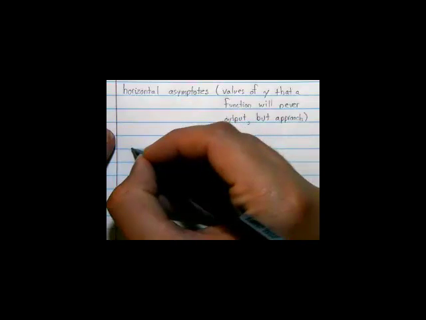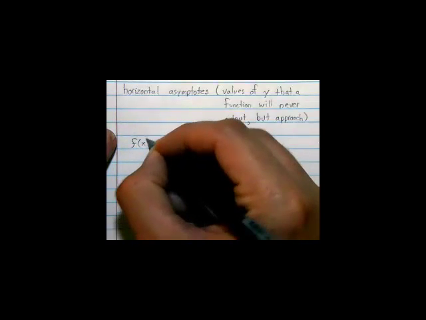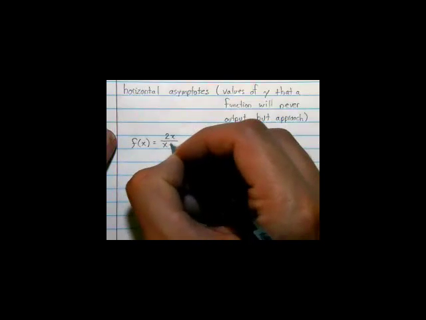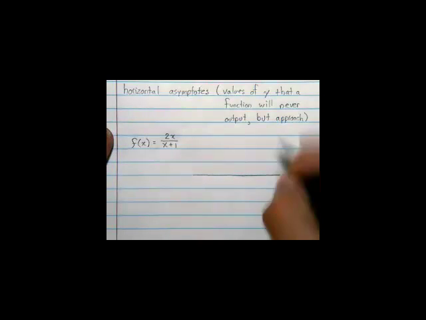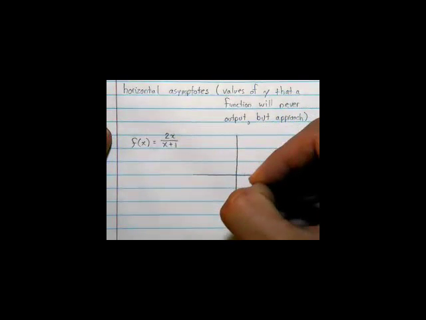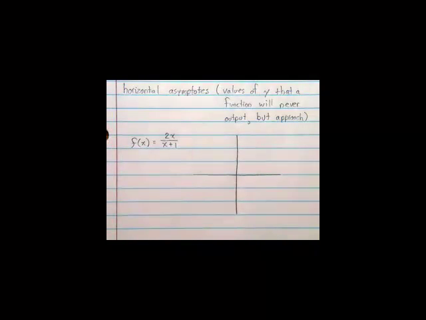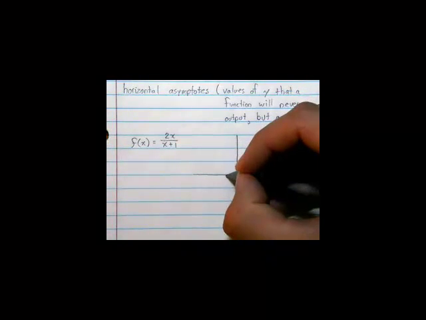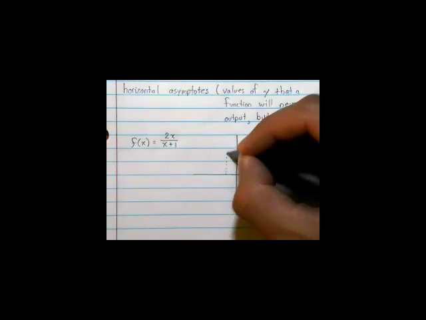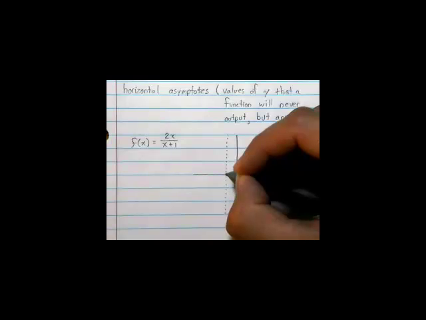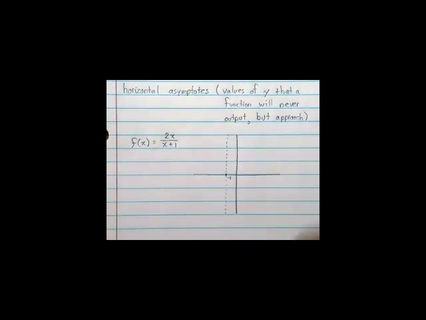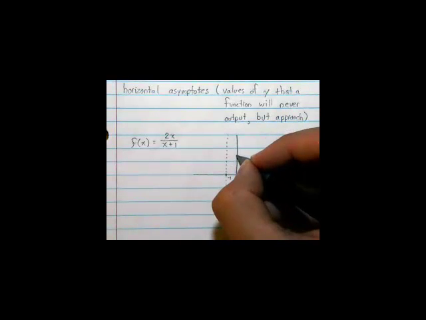So we had y equals 2x over x plus 1. And from our graph, we identified that it had a vertical asymptote at -1. And when we sketch these things by hand, we use dotted lines for those. Okay, so there's that vertical asymptote at -1, and then we said that there was a horizontal one at 2.